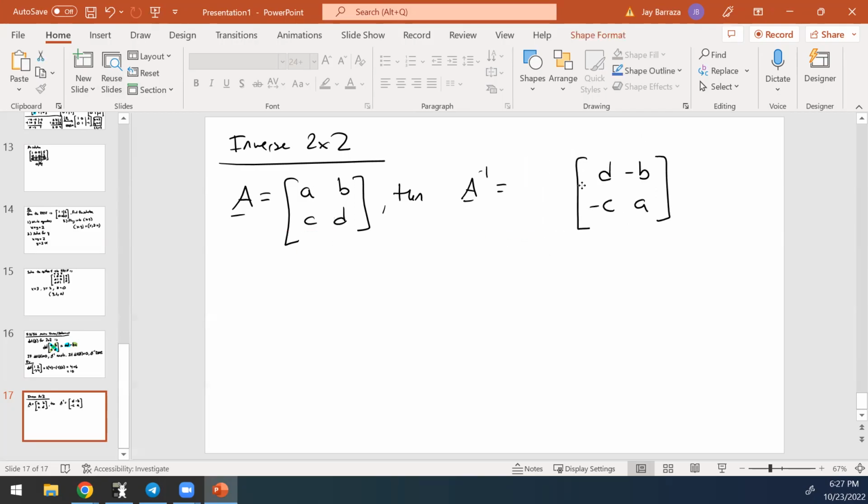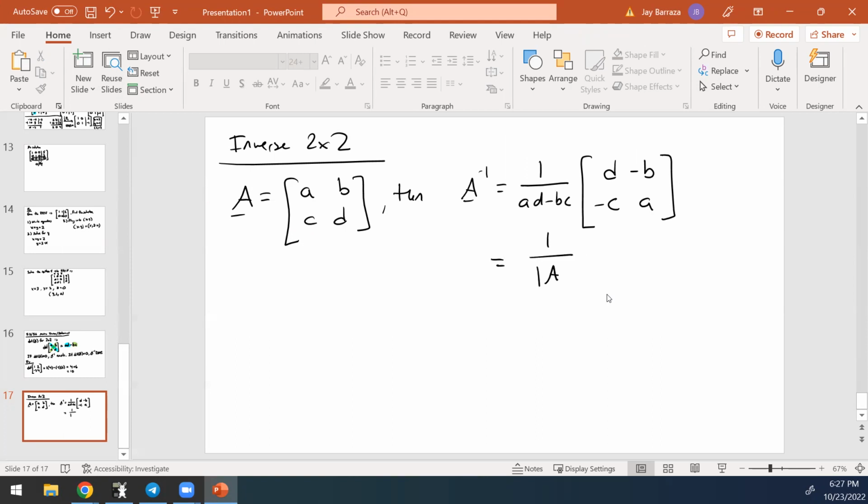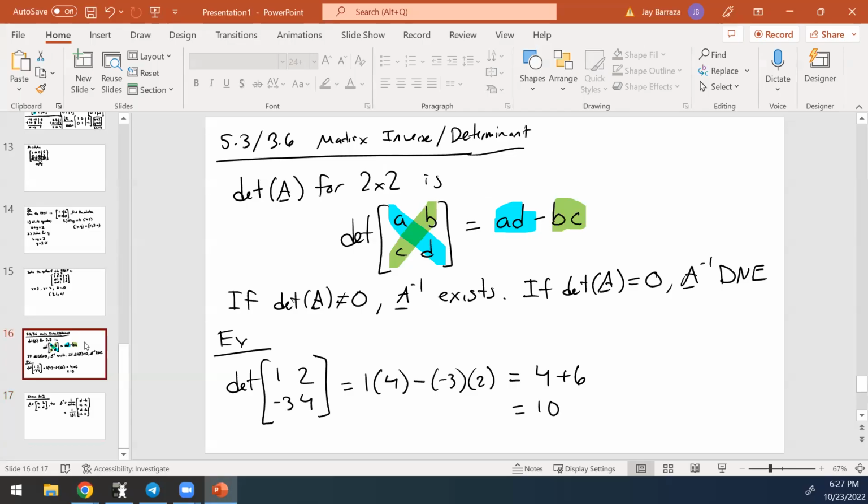And then you got to multiply that by 1 over AD minus BC, which is just 1 over the determinant of A. I guess I should mention that too, because that is something that is used. The other notation that we can use is the absolute value, because we do use that notation in class. I want to make sure that we're all comfortable with it. Any questions? I want to make sure.